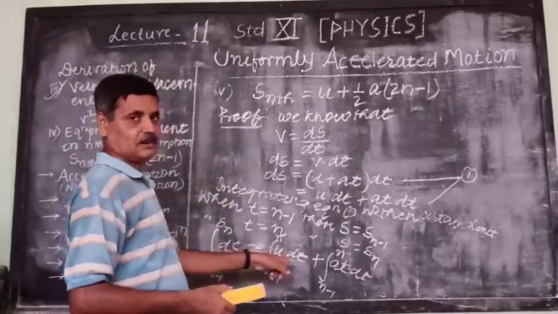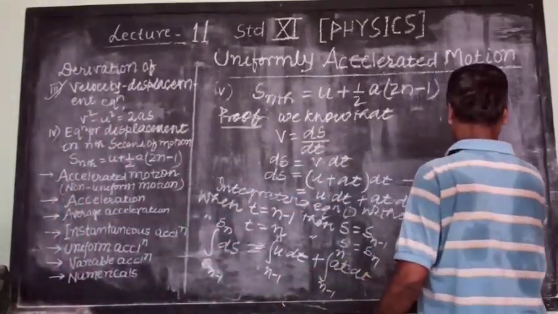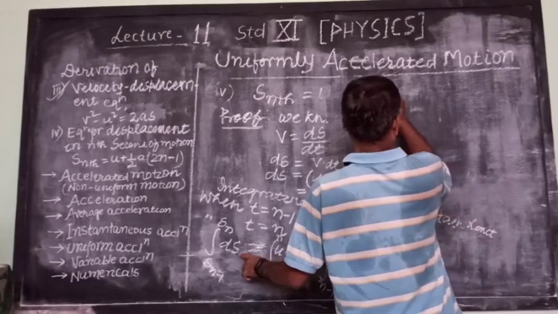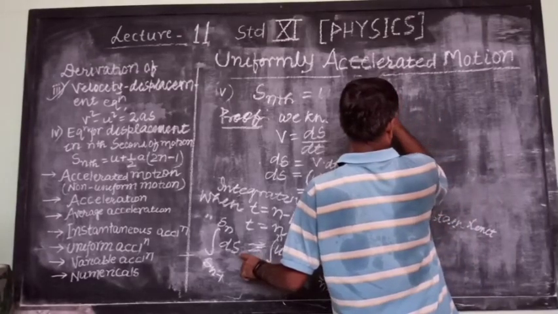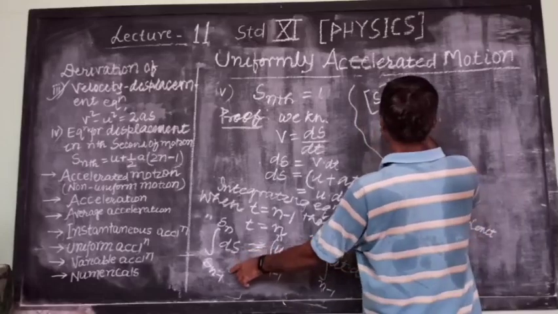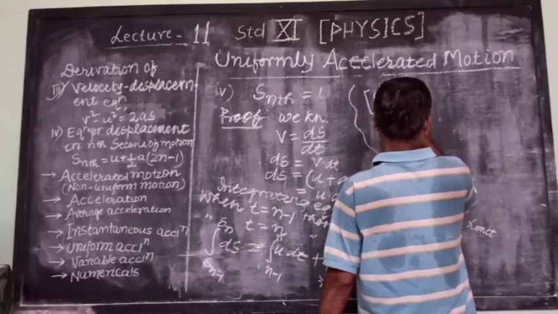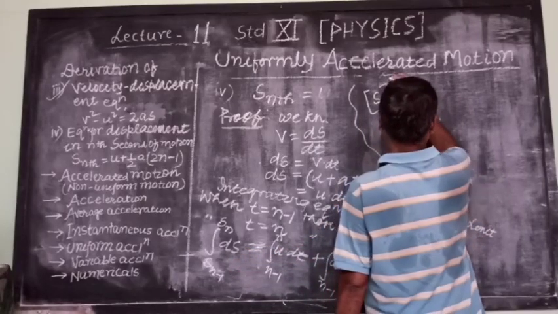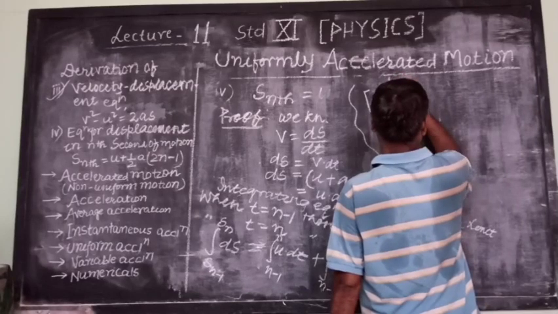This one can be written as, this is your s, lower limit Sn minus 1 and upper limit is Sn.